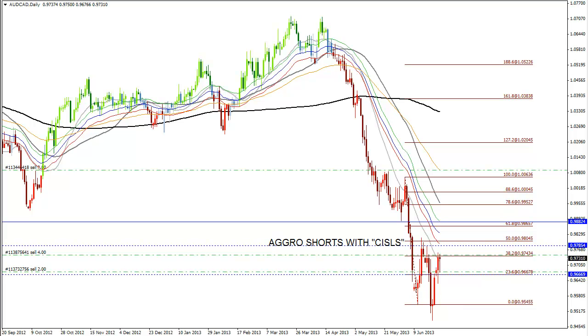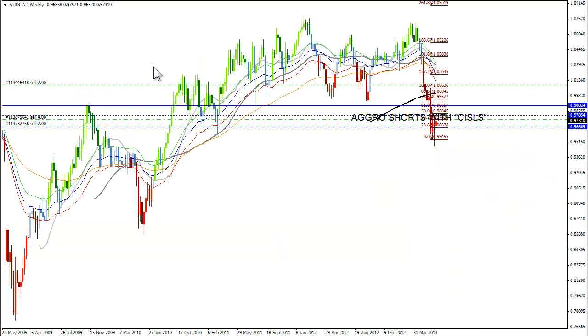Do I ever use the weekly? I'll use the weekly if I think that there are key levels that we may be running into in terms of longer term support and resistance. I will look at it maybe about once a week, if even that often. But I really don't use the weekly a lot. For example, with the Aussie Kiwi, we have been in this area before, so it doesn't surprise me that we're getting some volatility in this area now. But quite frankly, we've been able to punch through that level.